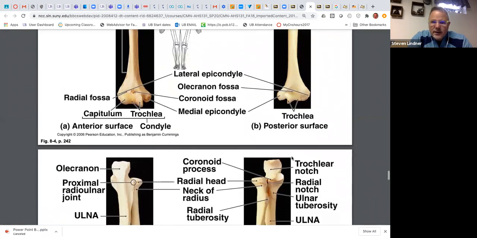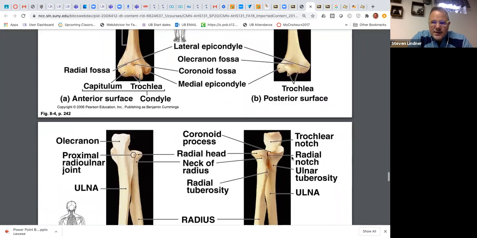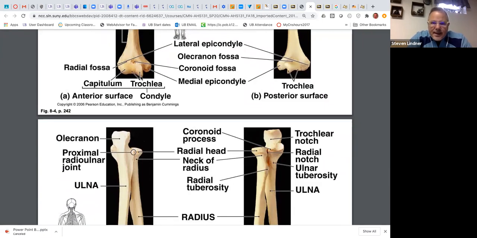So when I look at these bones here, if I scroll up a little bit, the radial fossa is for the head of the radius to articulate with. Here, the coronoid fossa is for the coronoid process right here to articulate with, and that's only in extreme flexion. In extreme flexion, the olecranon fossa is exposed, it's opened.